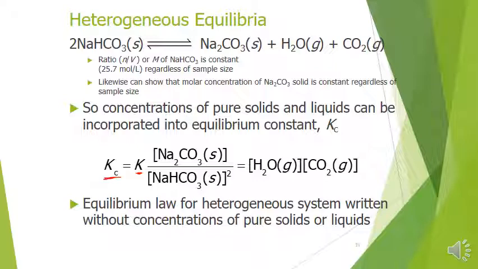And so it's simply going to be equal to our two species, the water and carbon dioxide, that are in the same phase. So the equilibrium law for heterogeneous systems is written without concentrations of pure solids or liquids.